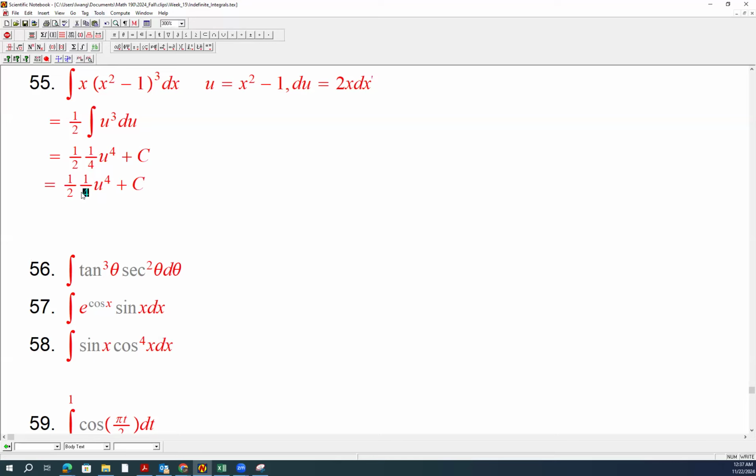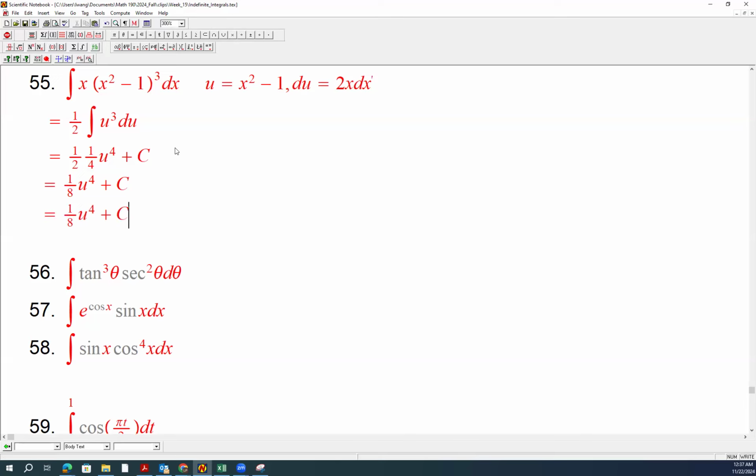Let's get this done. I am a little bit tired. Last but not least, substitute x squared minus 1. I hope I did not make too many mistakes, but if I did, please let me know if you spot them.